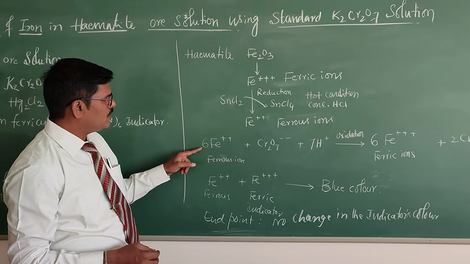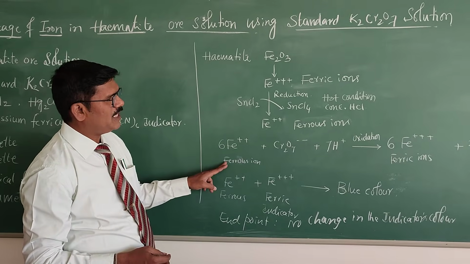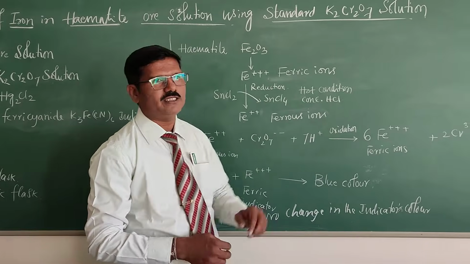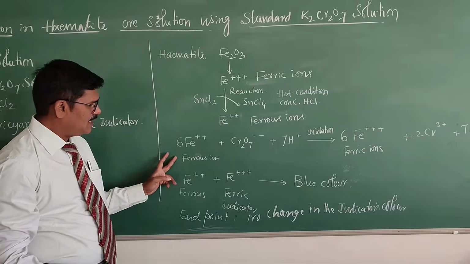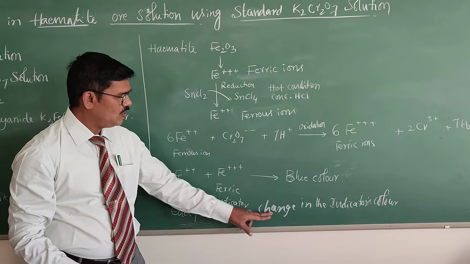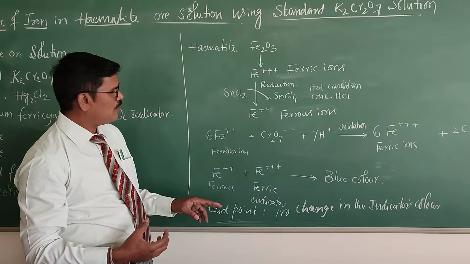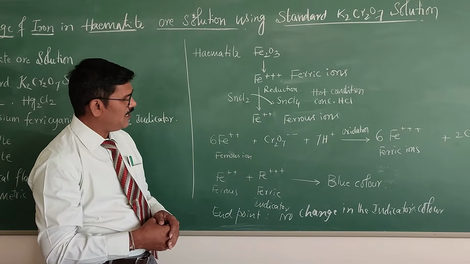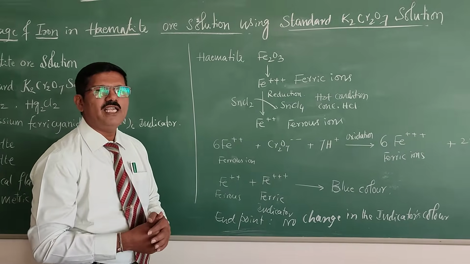When we titrate the solution against potassium dichromate, the ferrous ions of the hematite ore solution are oxidized into ferric ions. When all the ferrous ions are converted into ferric ions, the indicator will not give blue color, because the same Fe3+ ions are present in the solution and in the indicator, and hence there is no color change.